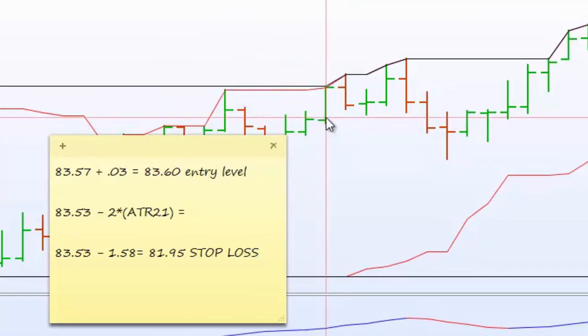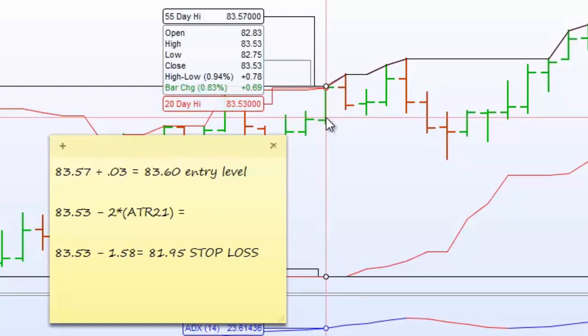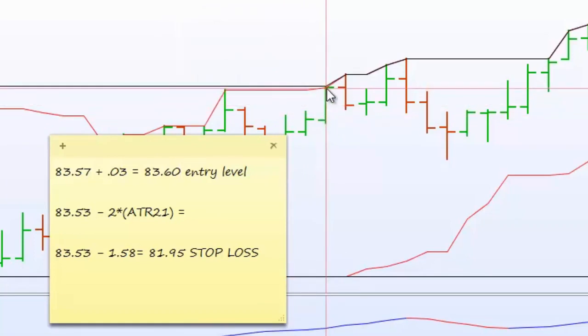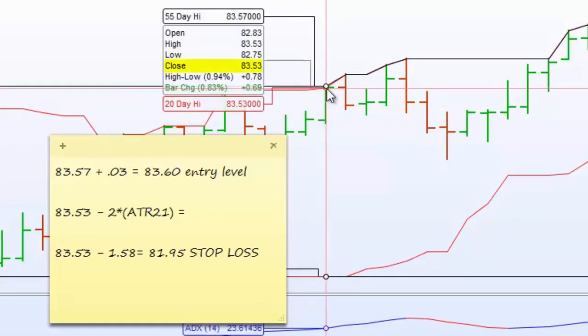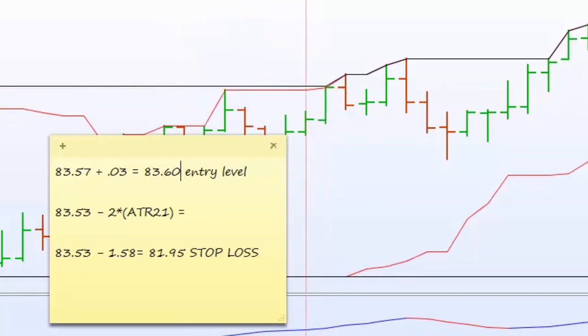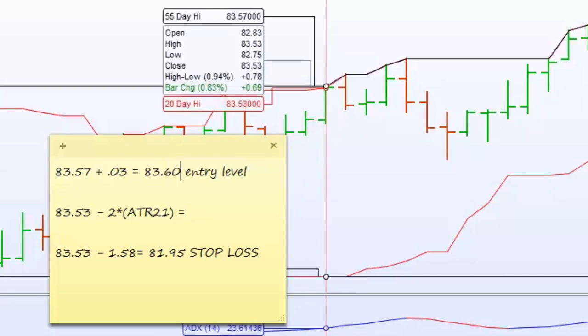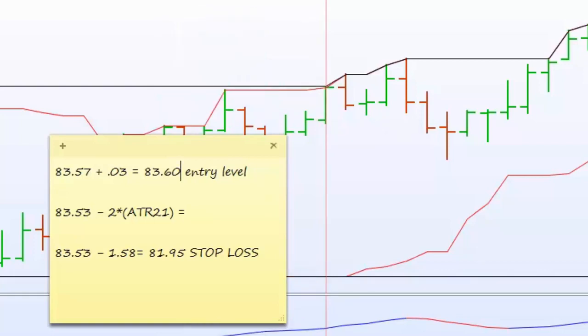And then we'll see our stop loss will be the close of that day, 83.53, which you can see to the left of the cursor as well. The close is 83.53 minus 2 times the ATR. The ATR on that day is 0.79. So 2 times that is 1.58. So our stop loss on that day will be 81.95.